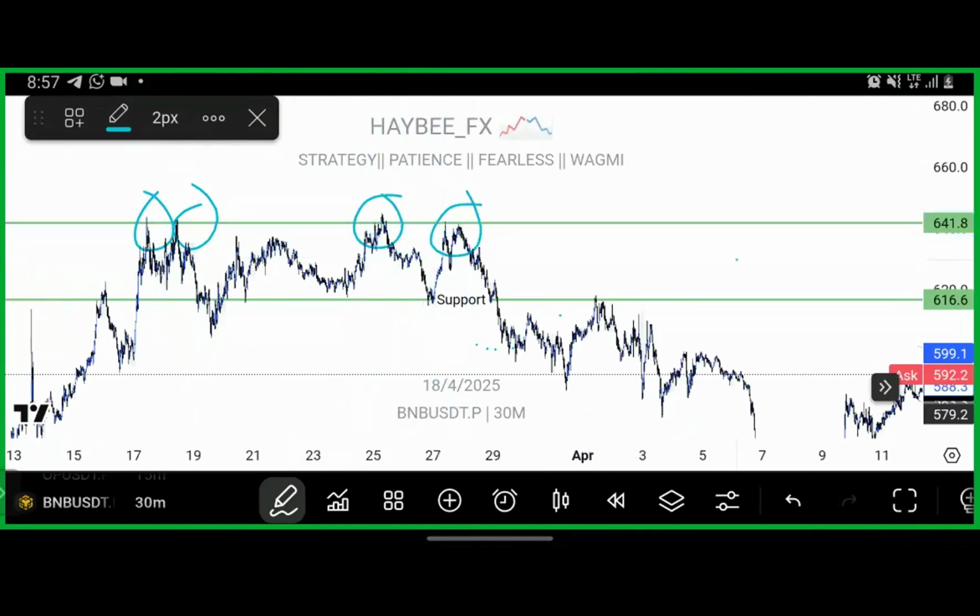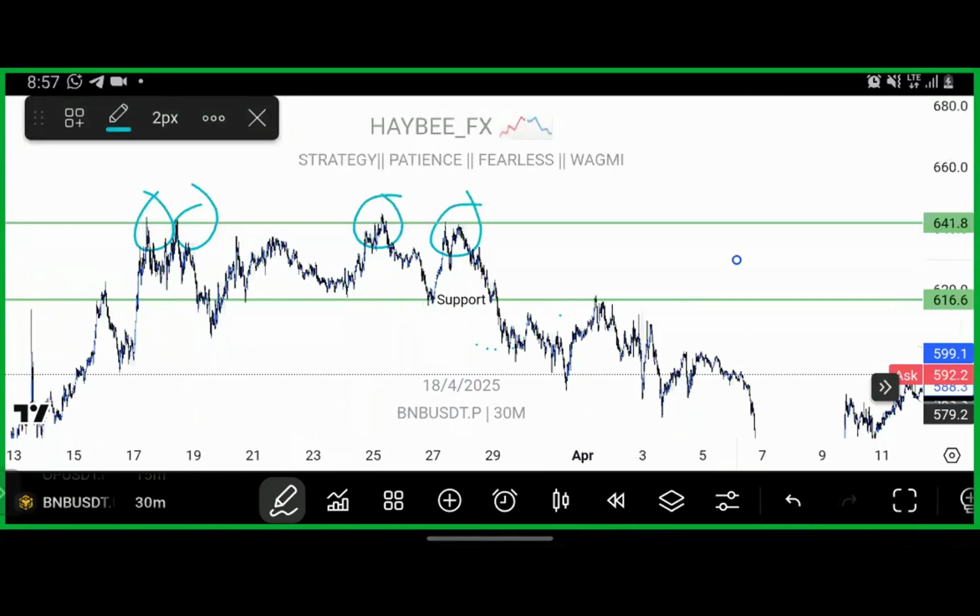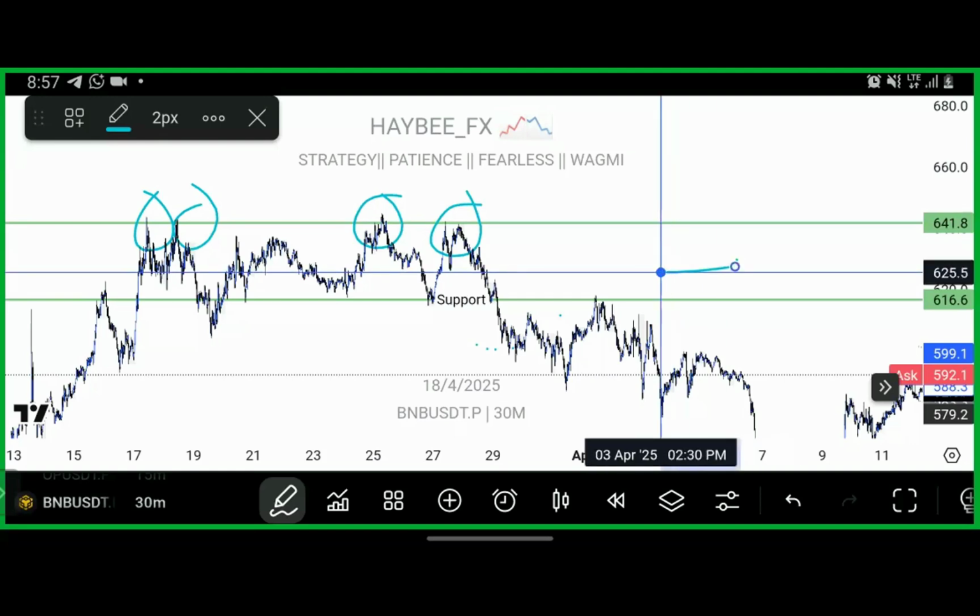So you want to look for either 3 or 4 places whereby the market price touches the same place. You understand? You can see it's this 4 circles now. The market touches that resistance, and I drew out my resistance line.